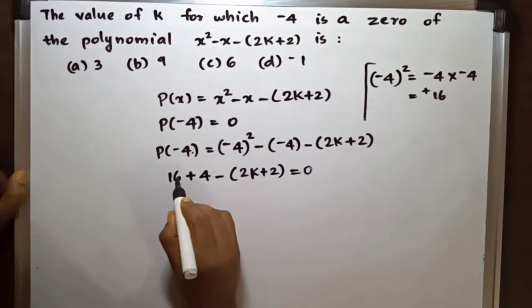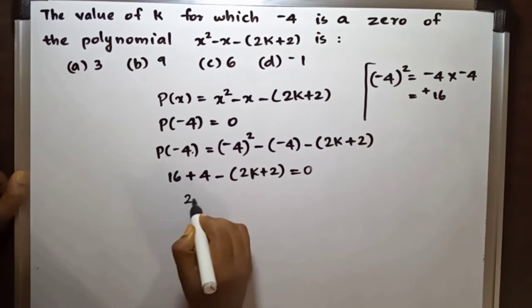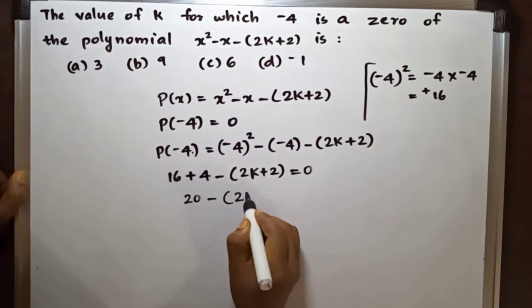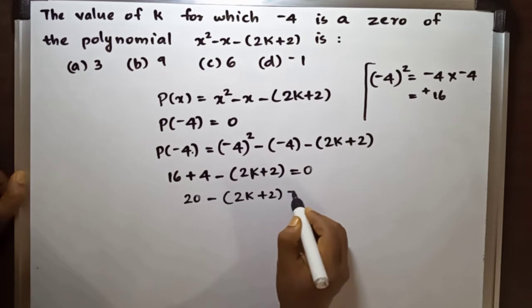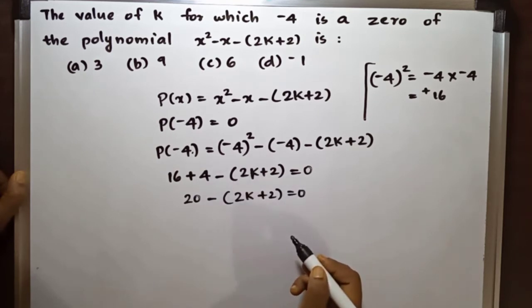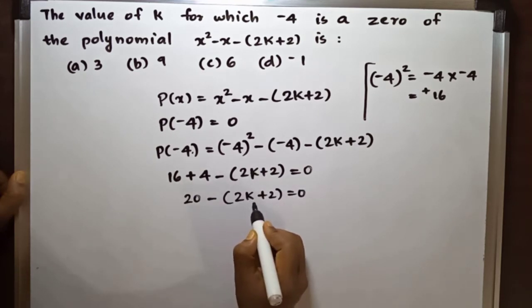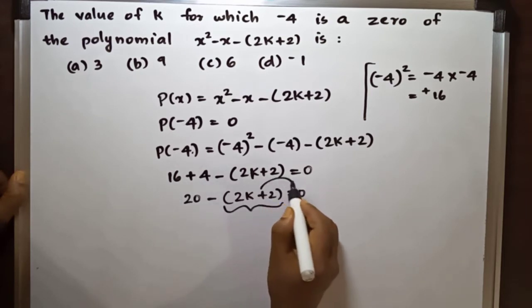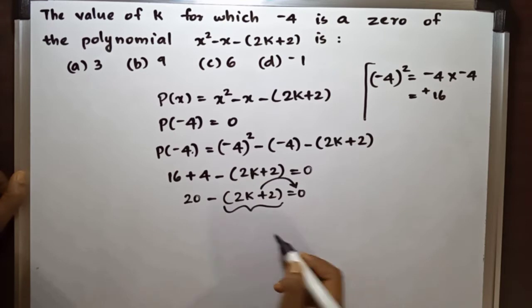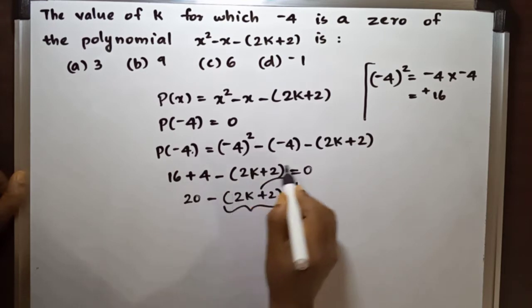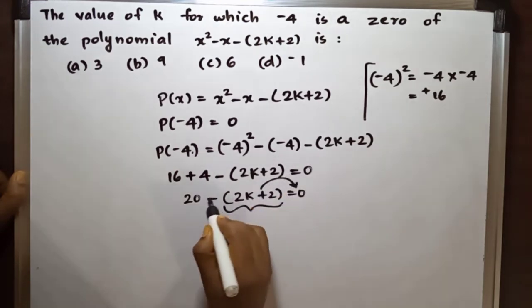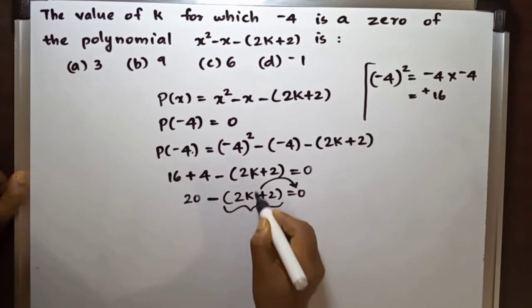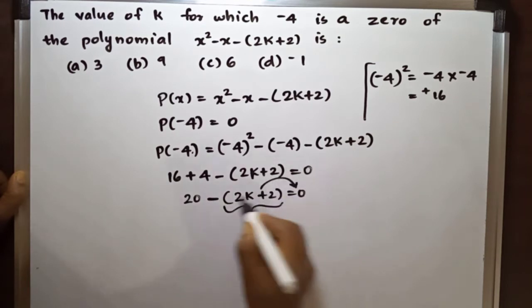Now, 16 plus 4, 20, minus 2k plus 2 is equal to 0. We have to find the value of k, right? So, I am going to take this to the other side of the equal to symbol. Here, the symbol given is negative, so when I take it to the other side, it will become positive.